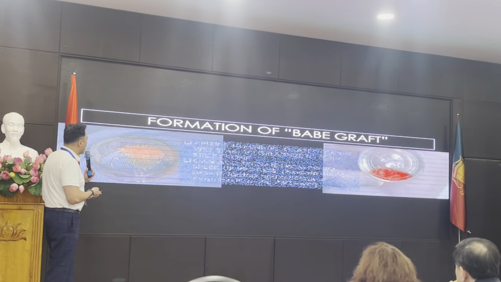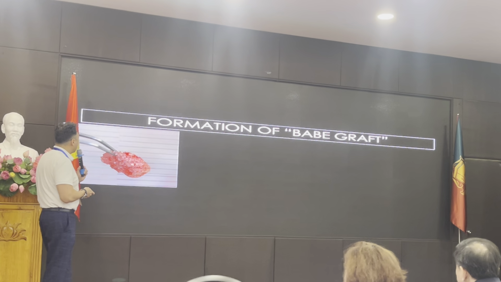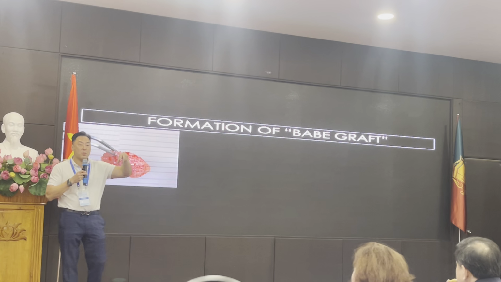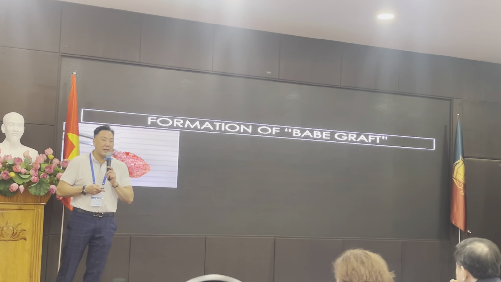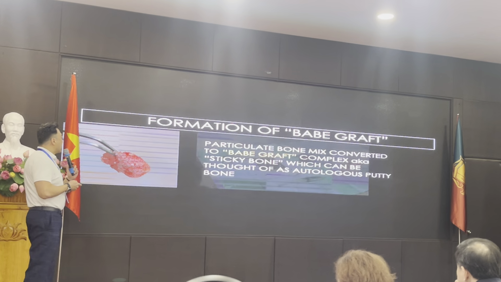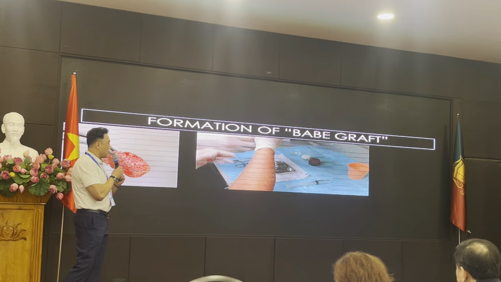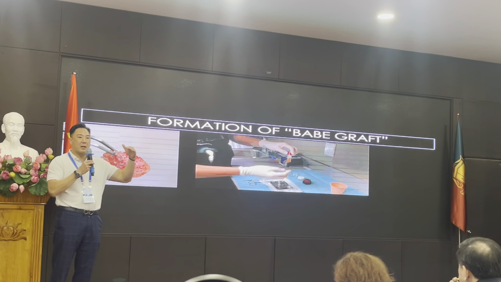Then after a few minutes, it will start to consolidate and become almost like this little putty where we can pick it up with college pliers very easily. Now it's easy to manage, very easy to handle, but it's also loaded with the growth factors, with the stem cells, thereby upregulating the healing.